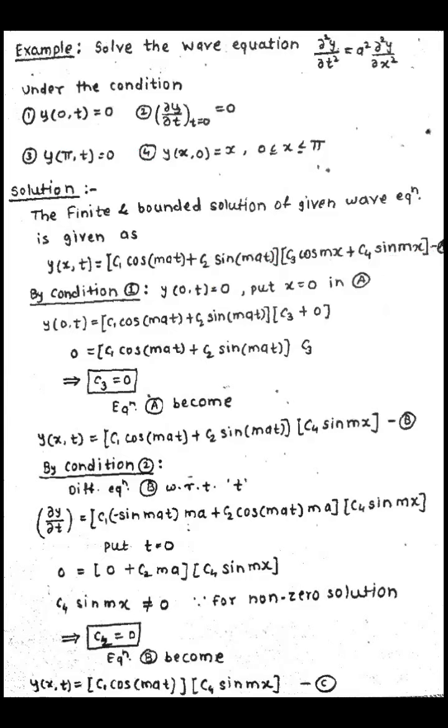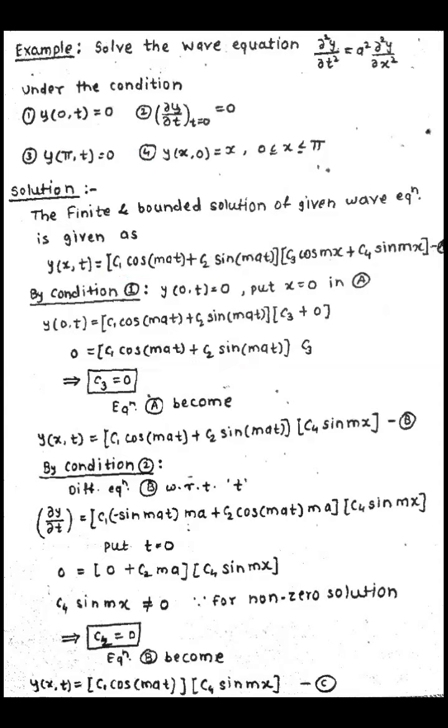Now y(0,t) is 0 in the first condition, and the right-hand side is as it is. The product of two terms is 0, so it implies one of the terms should be 0. If we consider the first bracket to be 0, then we obtain a completely zero solution in equation A, which is not possible.